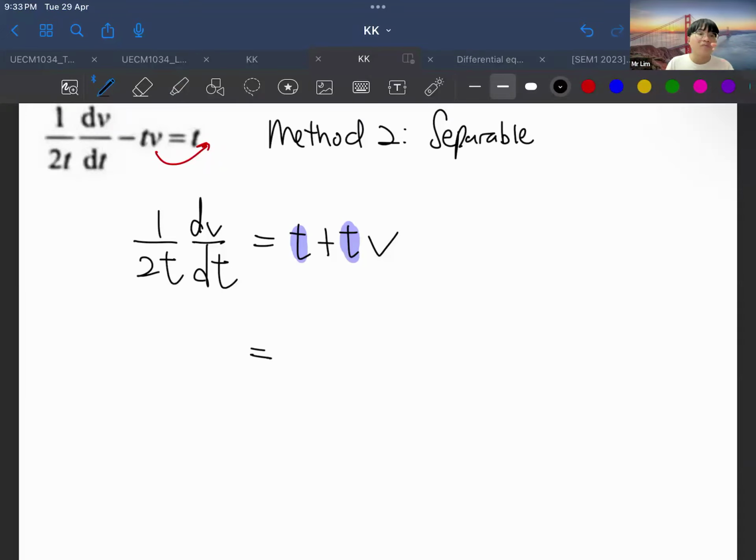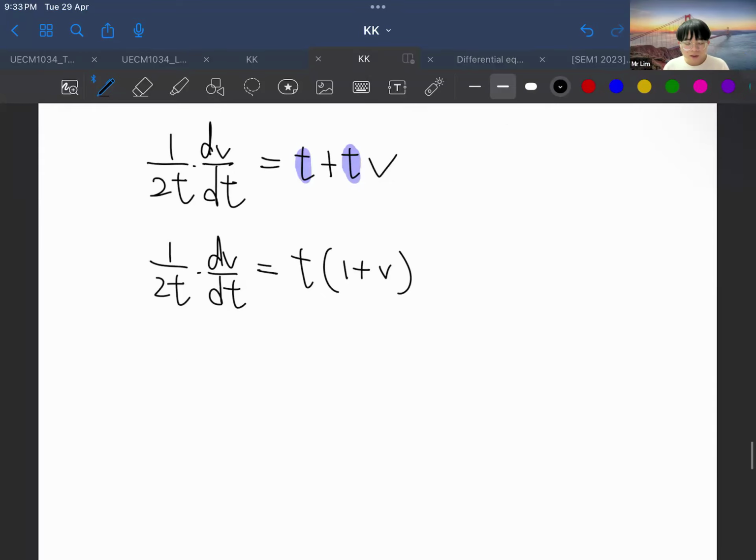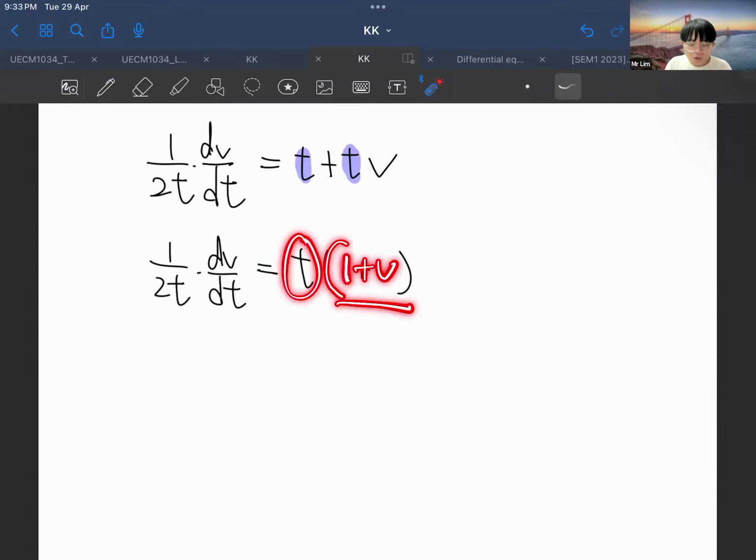You don't wish to let them multiply, but t and v are not the same, so I separate them. Now I'm able to separate t and v. Even though it's 1 plus v, 1 is considered nothing. So the whole thing is for v. This one is for t. This one is for t. Okay. So now it's already separable.